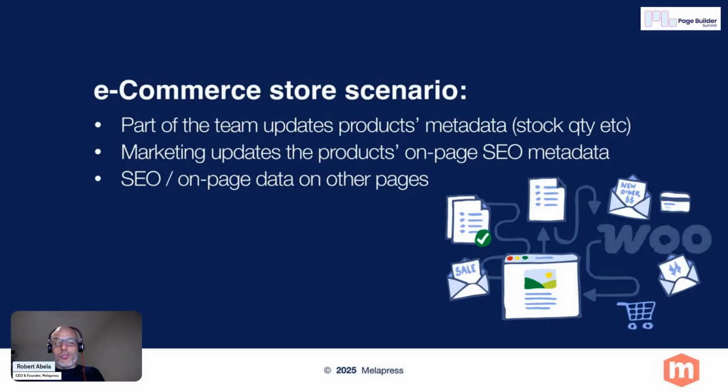For example, let's look at a typical e-commerce store. You have part of the team which updates the product metadata, for example stock quantity, dimensions of a product, prices. But you also have the marketing team which updates the products' SEO metadata. So these two users will be accessing the same parts of the e-commerce store, but they have different access.